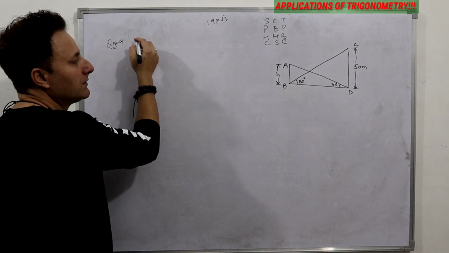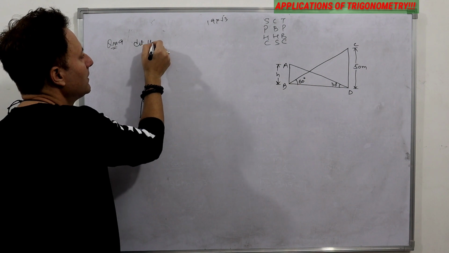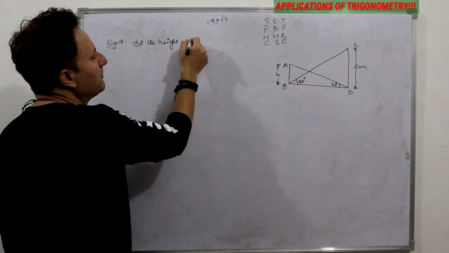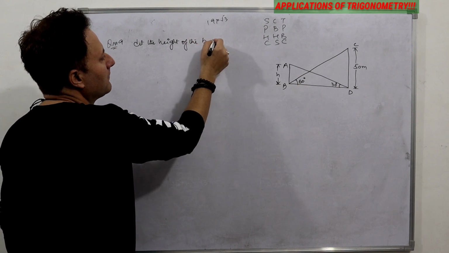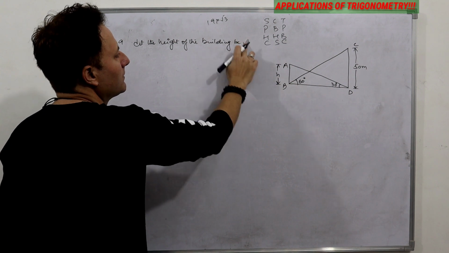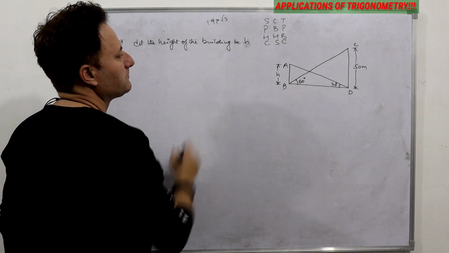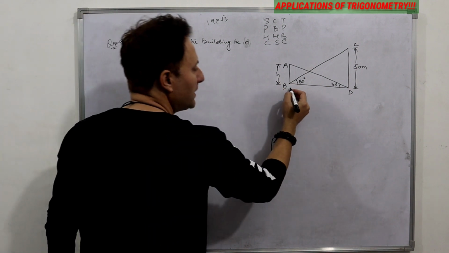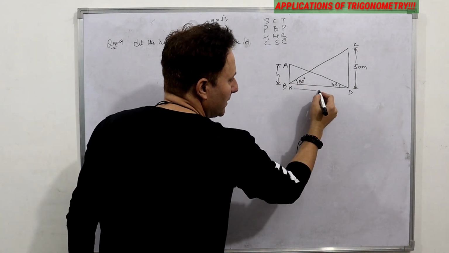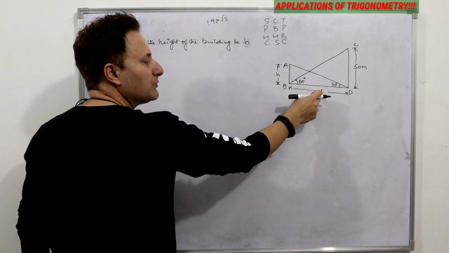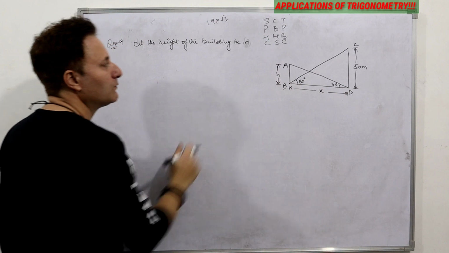So let's write, let the height of the building be x, or rather h. Now I have two triangles. What I need to find is this, because once I get this, I will put the value in this triangle and I'll get the value here.